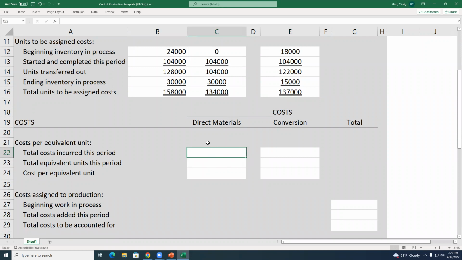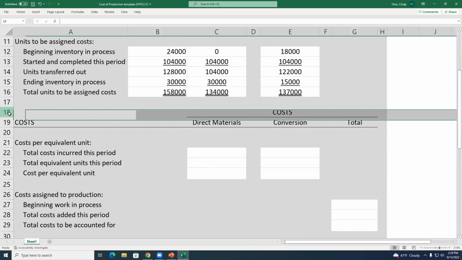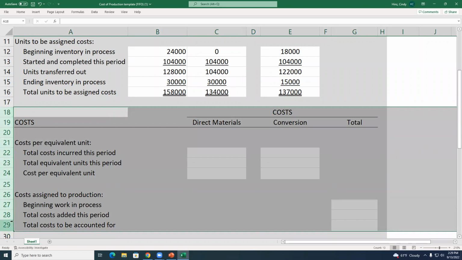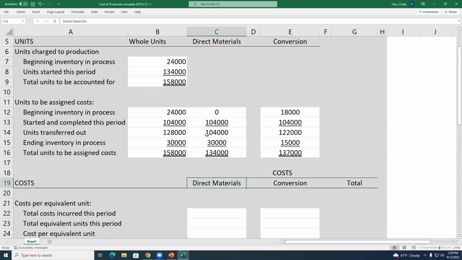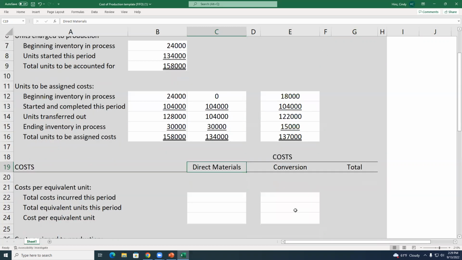Okay, now you'll notice in step 3 of this report, which is where I am right now, it's these lines right here from 18 to 29. You'll notice that the columns line up under the columns from step 2 for direct materials and for conversion costs.